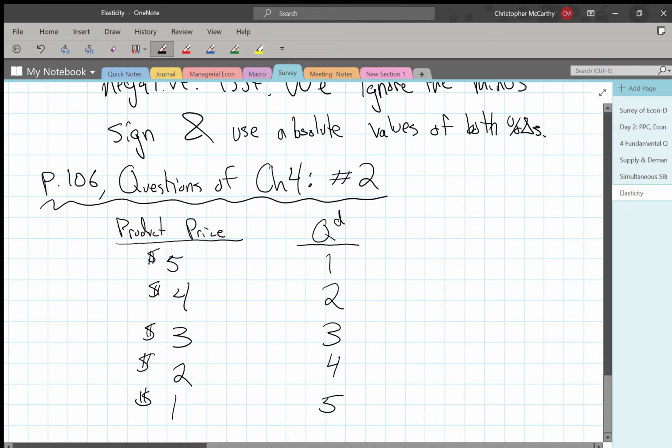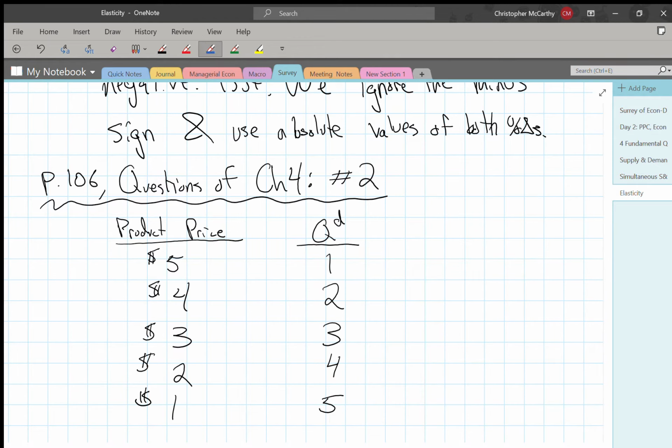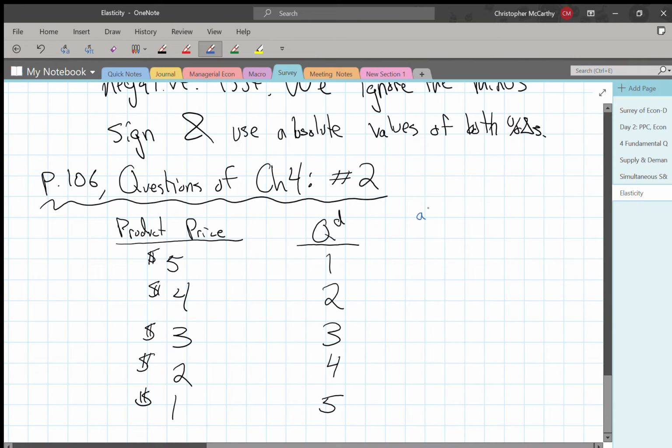And so we're asked, what is the price elasticity for each one of these possible $1 price changes? And what can you conclude about the relationship? So, okay, one at a time. The first one, A. What's the elasticity of demand at the price shift from 5 to 4, from 4 to 3, from 3 to 2, and from 2 to 1?